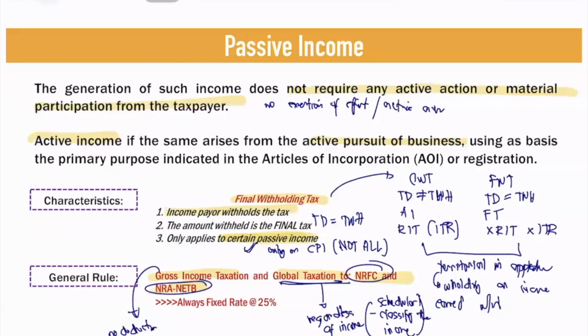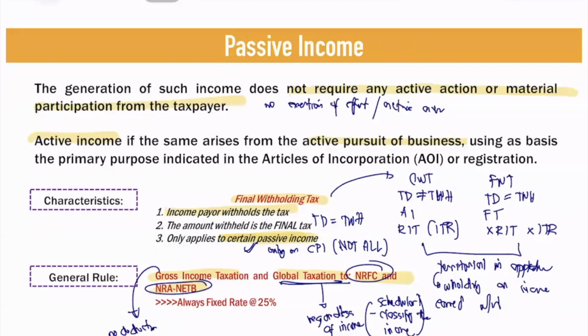Again, when we say global taxation and schedular taxation, the difference lies in whether you will categorize the income or not. So when we say global taxation, you don't categorize the income. You always tax it at a certain fixed rate, and that is 25%. How about for gross income taxation? We tax it for the amount without any deduction.